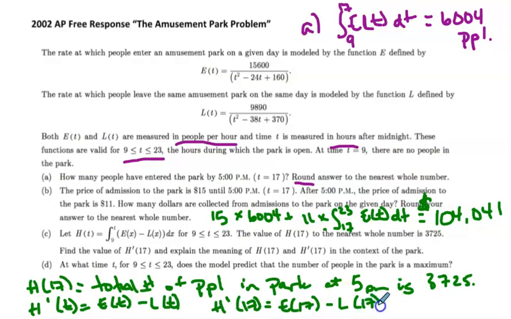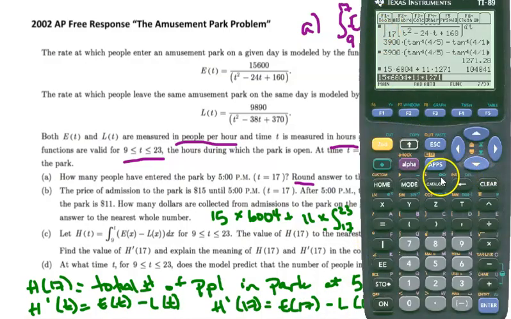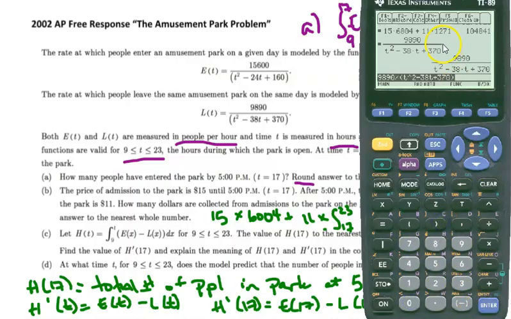So let's once again turn to our calculator and start by typing in the L function because we're going to need that in a moment. So we have 9890 divided by, remember parentheses around your entire denominator, t squared minus 38t plus 370, close parentheses, and this is my L function.